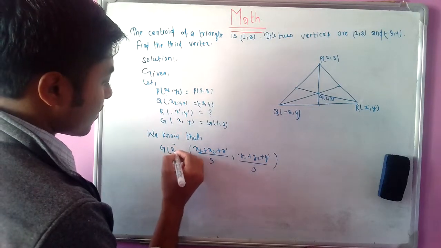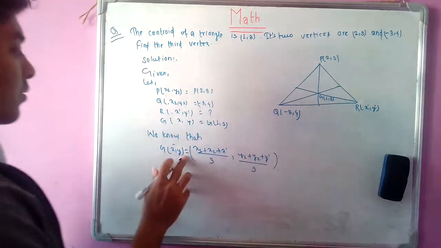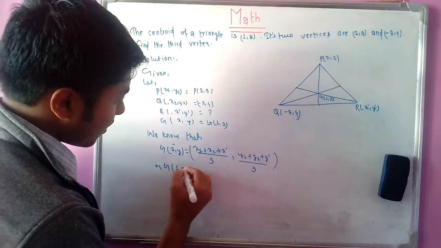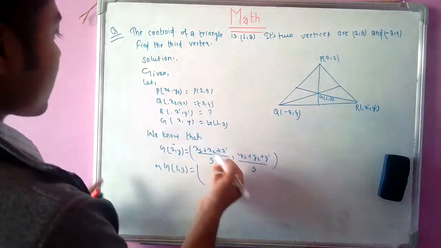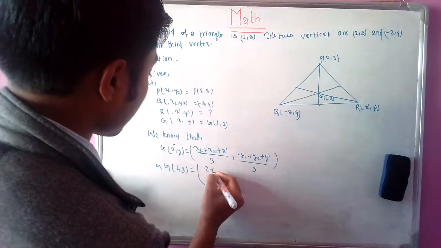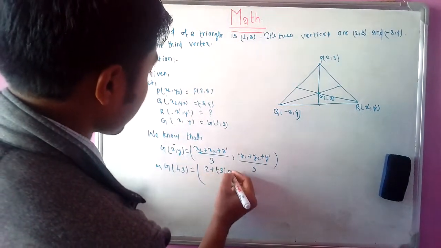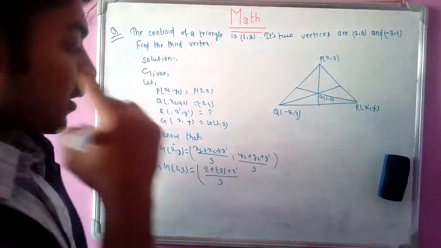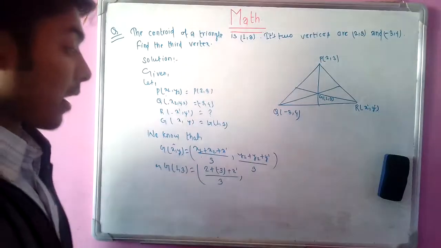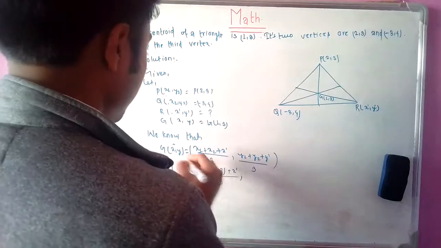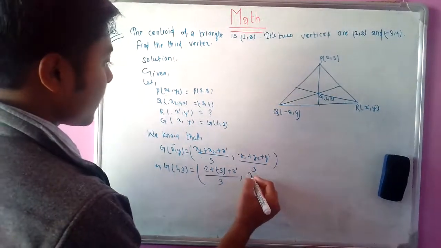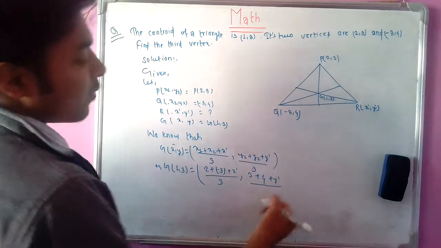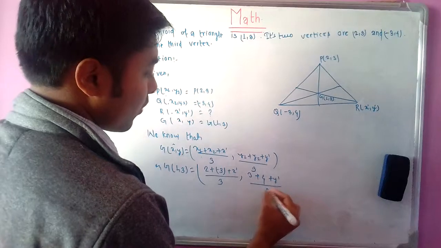G(x, y), or G(1, 3), is equal to (2 + (-3) + x dash) by 3. We have to find x dash. Now y1 is 3, y2 is 4, and y3 or y dash we have to find.